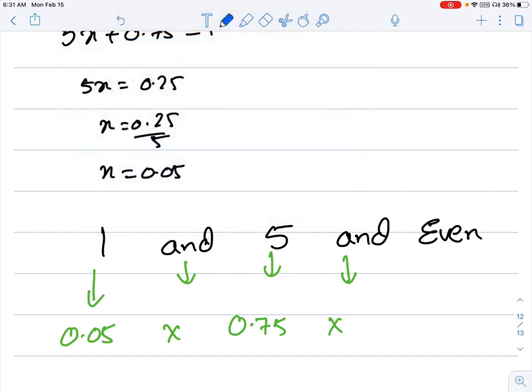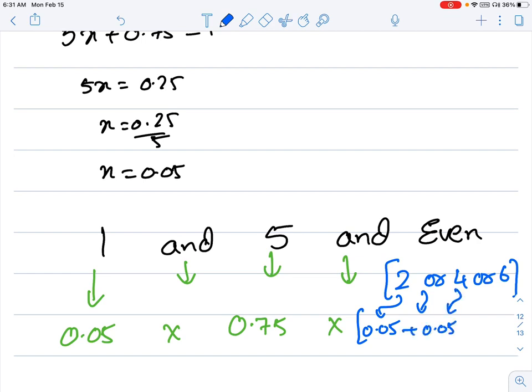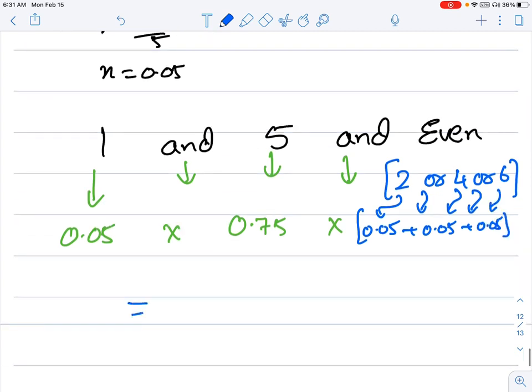Even number can be 2 or 4 or 6. So probability of 2 is 0.05, or means addition, 4 is 0.05, or means addition, 6 is 0.05. Simplify this, you should be getting the answer 0.00563.